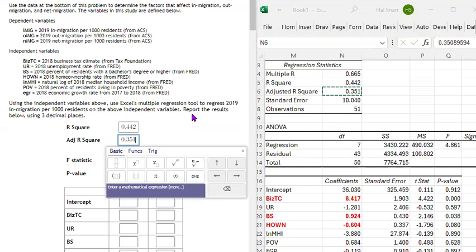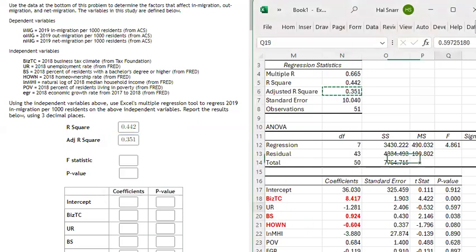And that makes sense because we have more variables included that are highly insignificant than we have significant. So we have 4 variables that are highly insignificant and 3 that are significant at the 10% level. So that kind of helps explain why this adjusted R square is a lot lower than R square, right?